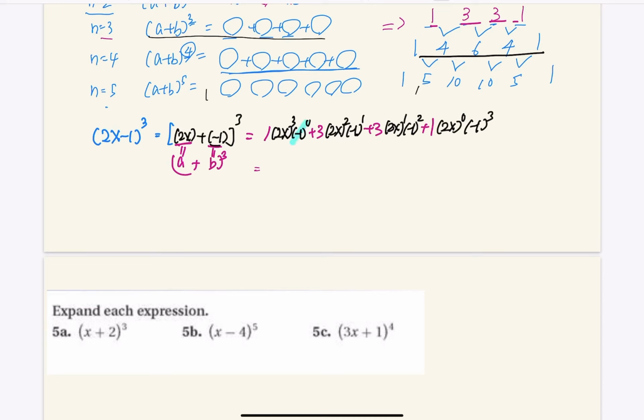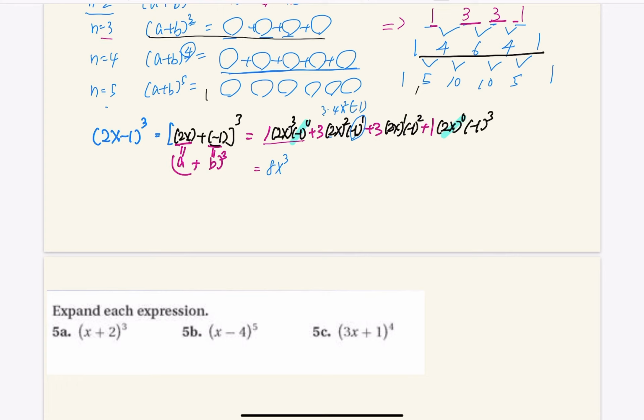(-1) to the 0 power is 1. (2x) to the 0 power is also 1. So the first term is (2x) to the 3rd power. 2 to the 3rd power is 8, x to the 3rd power is x cubed. And then (-1) to the 1 power is negative 1, and then 2 squared is 4, x squared, and then times 3.